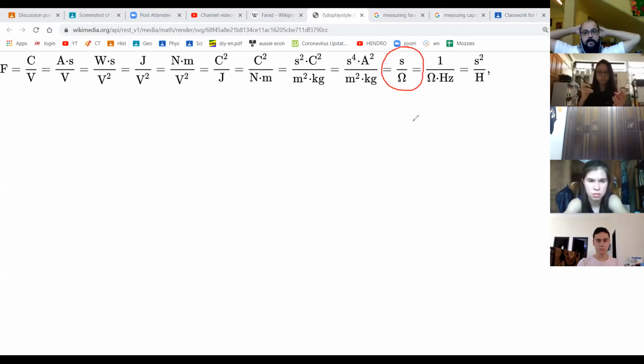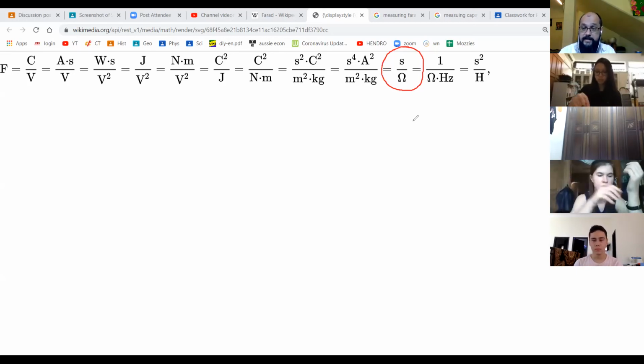What the multimeter will help you do, if you wish to do it, is help you do a lot of formula work, because you can just plug in values to check how much capacitance this capacitor has. What was the capacitance of that aluminium plate that you made?